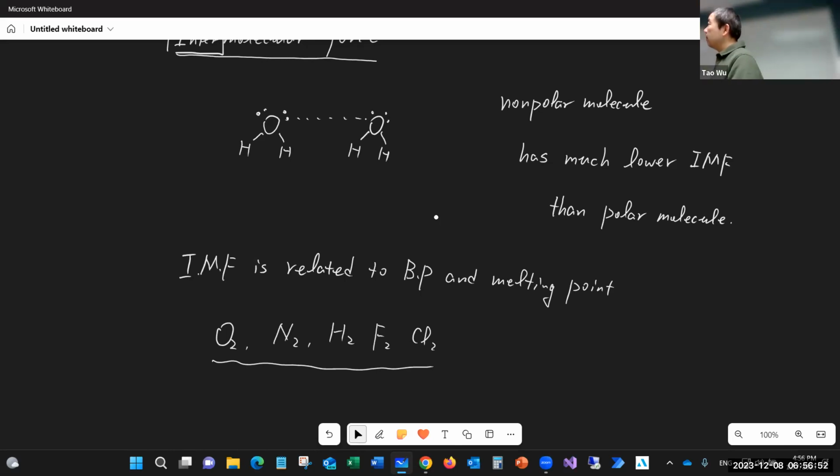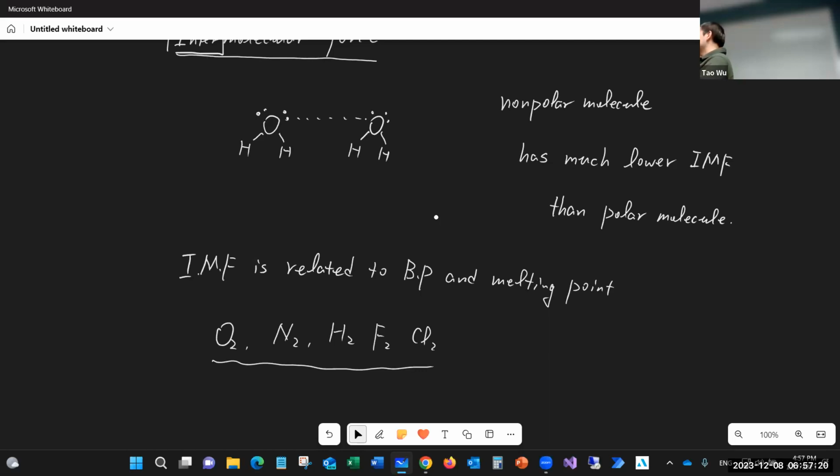Why do we have a gas at room temperature? That means the intermolecular force is so weak. Room temperature doesn't have really high energy, but even that low energy can boil it. That's why if we pour liquid nitrogen out, it starts boiling at once.